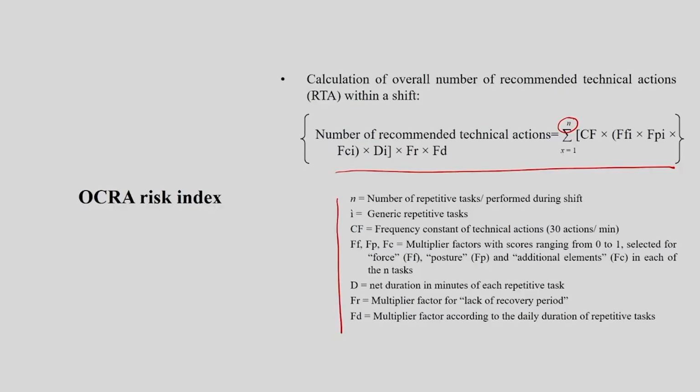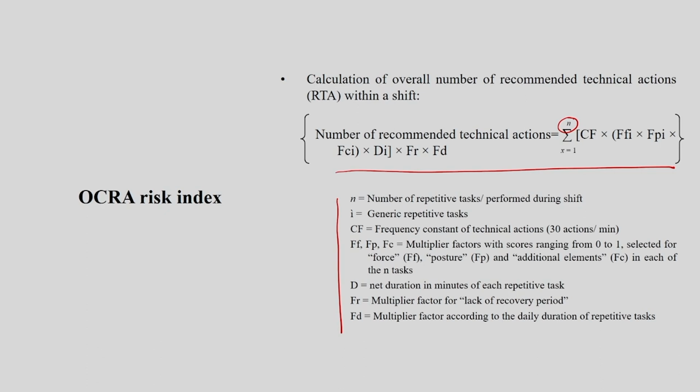FP, FF, FC are the multiplying factors with scoring ranging from 0 to 2. So, you have a range: the factor for force is FP, the factor for posture is FF, and the factor for additional elements is FC in each task.